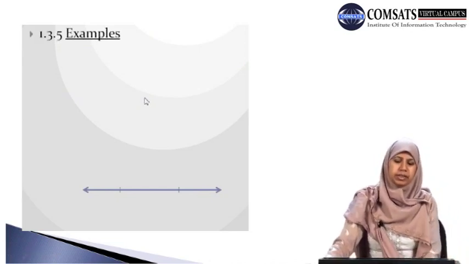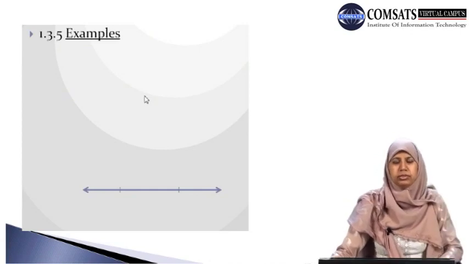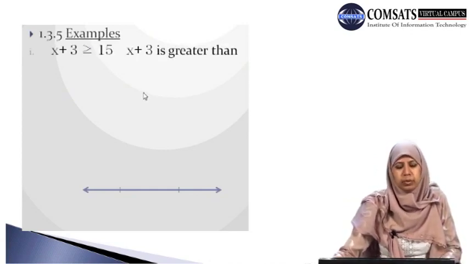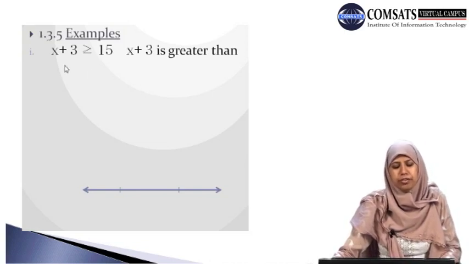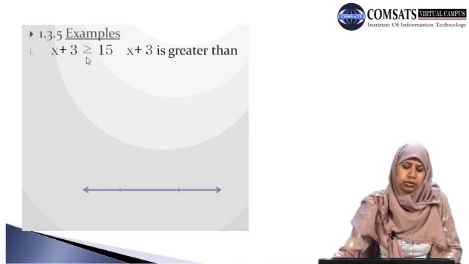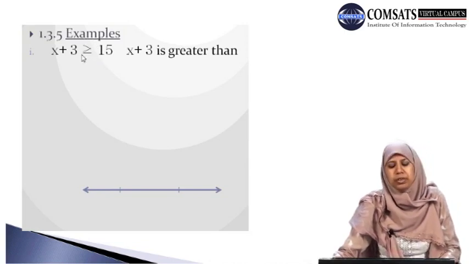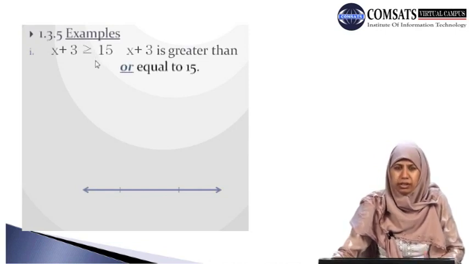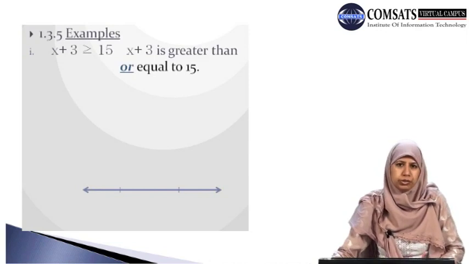Now we look at some examples of inequalities and non-strict inequalities. First we have x plus 3 is greater than or equal to 15. Here we have the sign greater than or equal to in between, which means that x plus 3 is greater than or equal to 15.